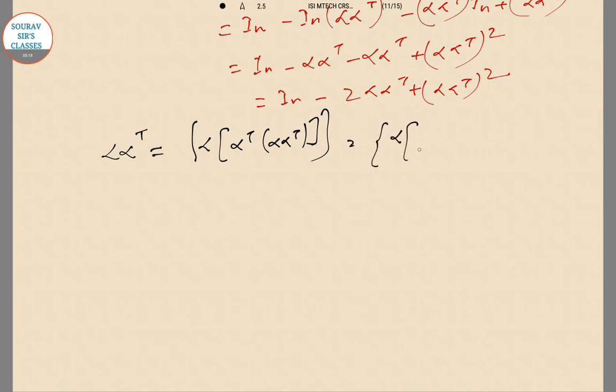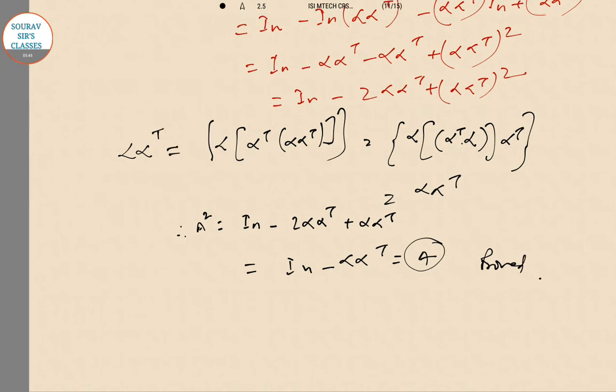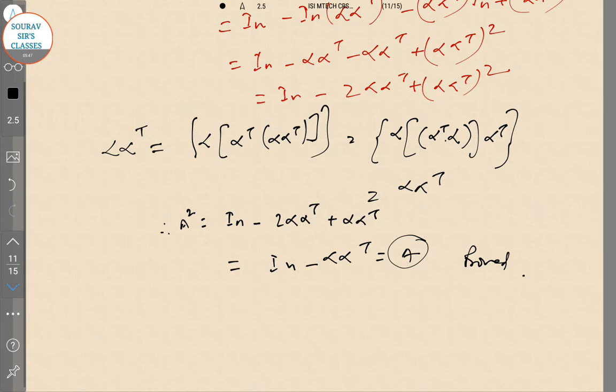If I change the positioning here, alpha^t alpha is nothing but 1. So finally A square equals I_n minus 2 alpha alpha^t plus alpha alpha^t, which is nothing but giving us I_n minus alpha alpha^t, which is again A. Hence it is proved. Okay, now we can go to the next question.